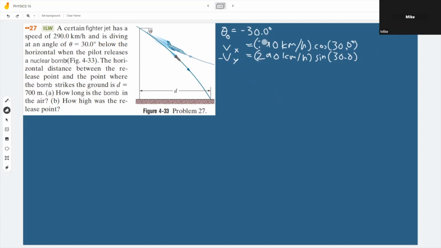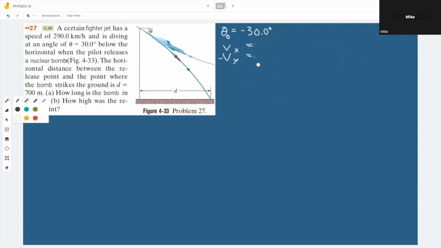What if gawin muna natin yun ng meters per second? Pangit. Kilometers per hour. Like 290 kilometers per hour. Convert velocity, kilometers per hour, 80.6 meters per second, kilometers times 1,000 divided by 3,600.